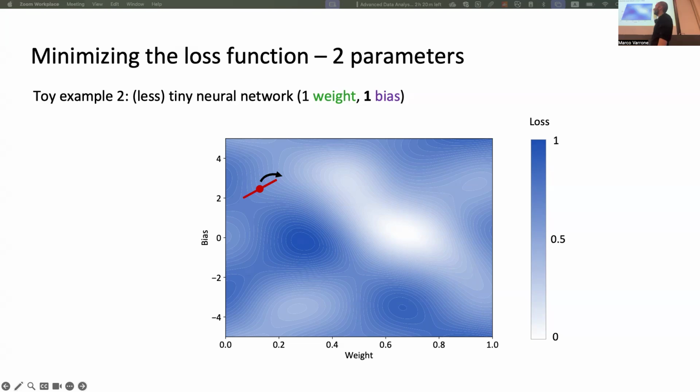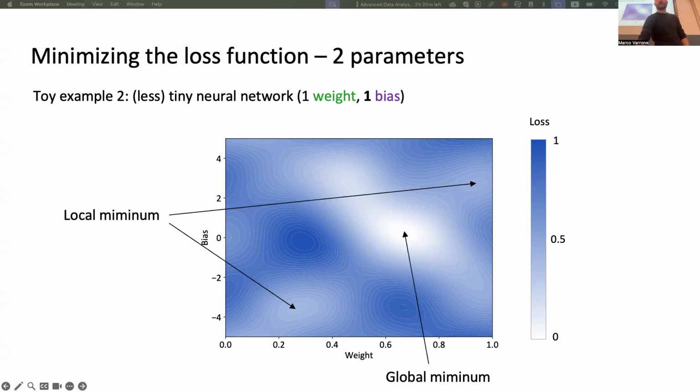For example, here the best solution would be a weight of around 0.7 and a bias around 1. And so again, by computing the gradient, you can see the best direction to lower this loss. You compute the gradient, you do a little jump, then you recompute the gradient, another little jump, and you change the weights until you reach a place where the gradient is 0, and so the point is not going to move anymore. As I said before, here too you can have local minima and a global minimum.